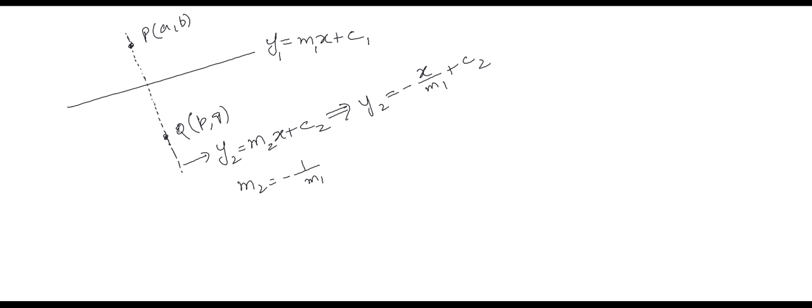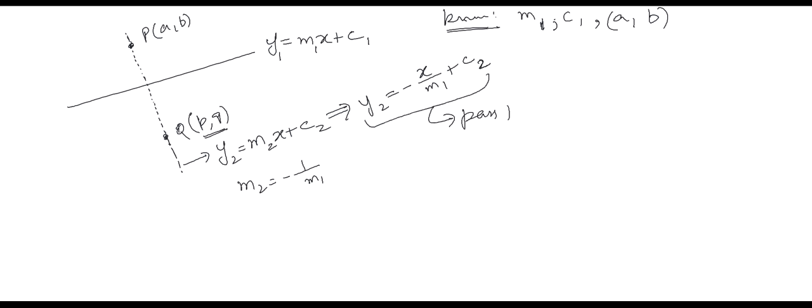And then we know these known quantities: our m1, c1, and A, B, the points. Now we need to finally get the PQ in terms of all these known values. The c2 is still an unknown quantity, but this whole straight line will pass through AB, right? Yes.